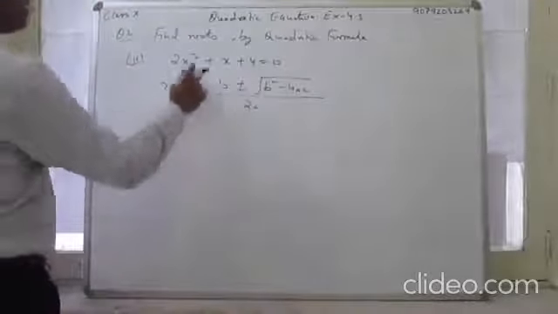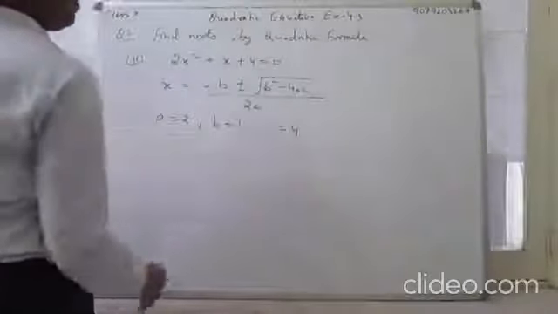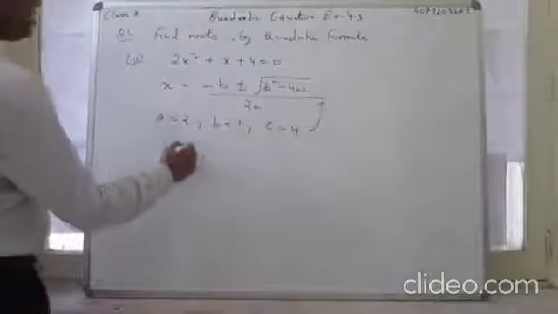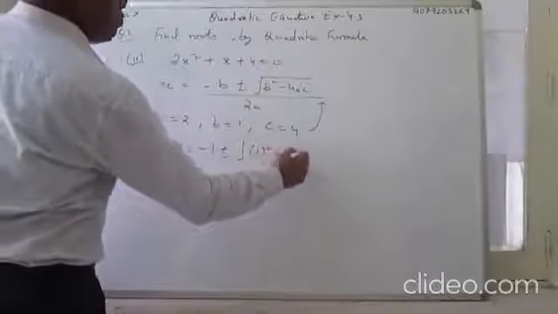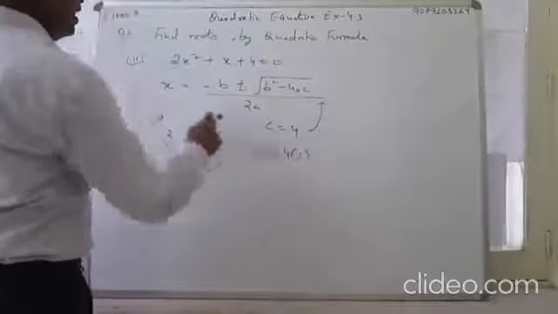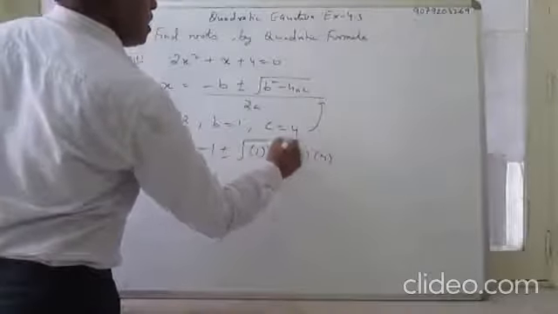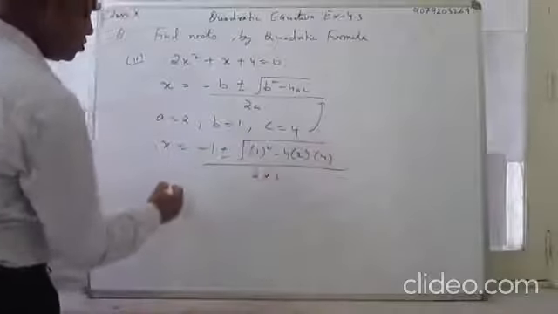Here a is equal to 2, b is equal to 1 and c is equal to 4. Now putting the values in the quadratic formula, x is equal to minus 1 plus minus 1 square minus 4 into a is 2 and c is 4 upon 2a. A is 2. Solve it.